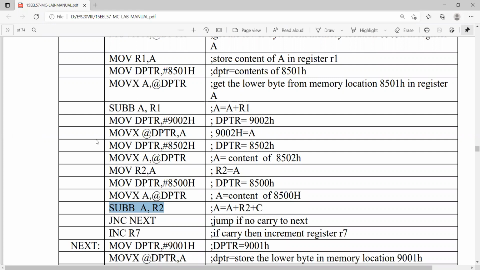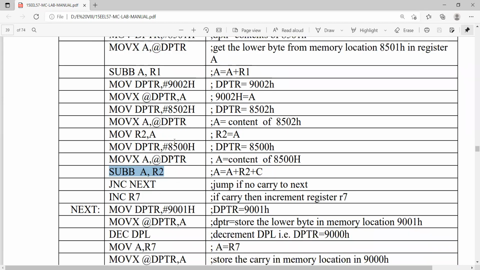Next, for the subtraction of the higher bytes, 8502 is the higher byte of the second data, which you transfer to A and shift to R2. So R2 has the higher byte of the second data.